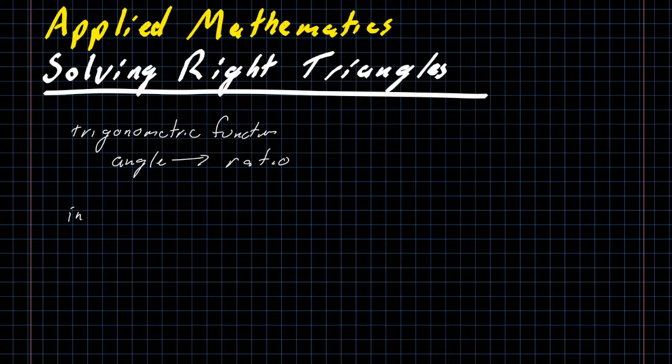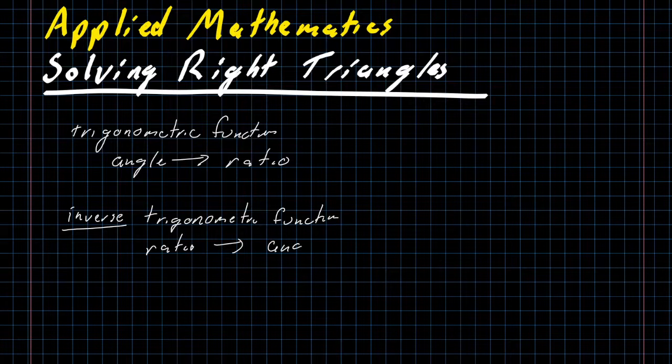An inverse trigonometric function is going to take a ratio and turn it into an angle.